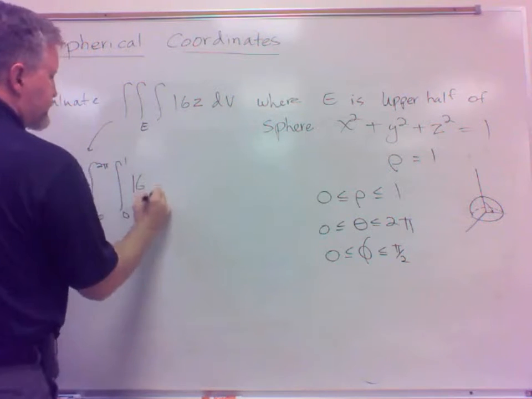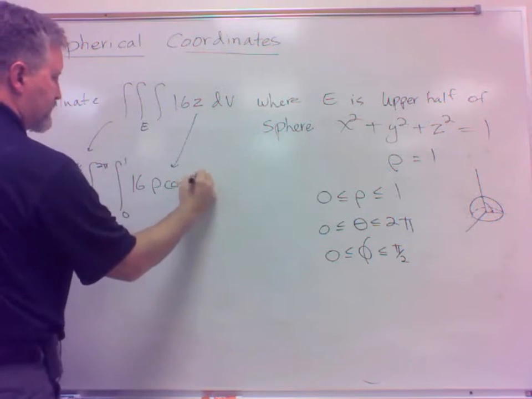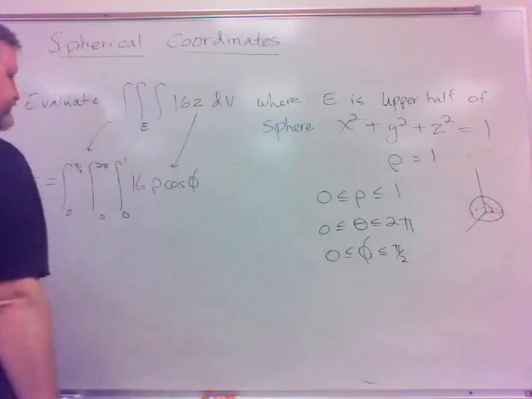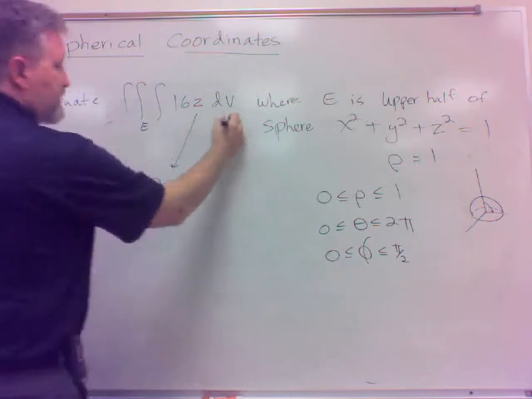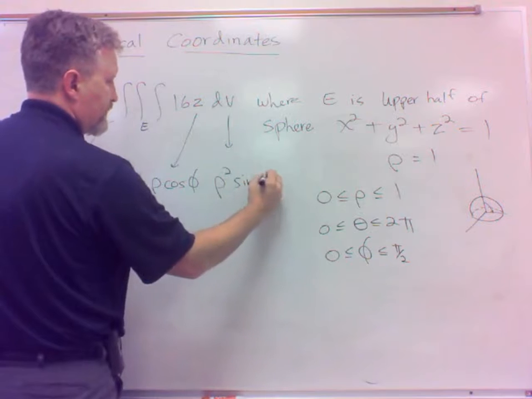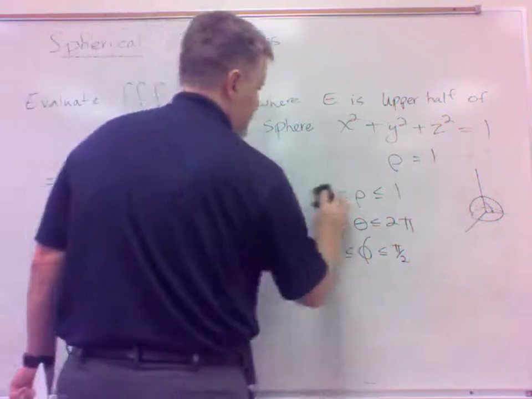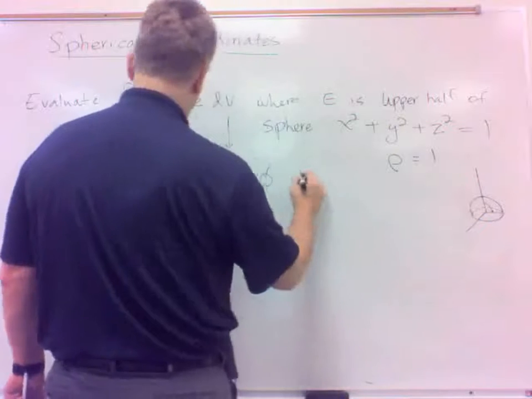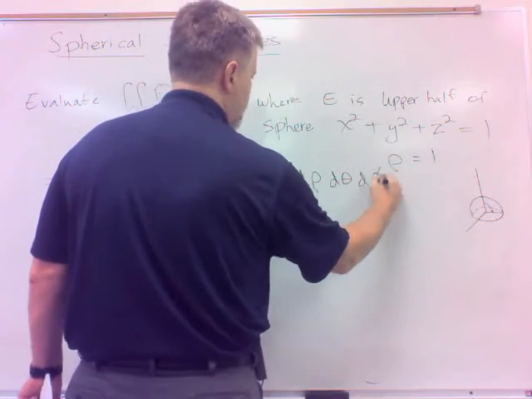Our function is 16z, and we know z is rho cosine phi. Then dV, the conversion is rho squared sine phi, so we have rho squared sine phi, and then it's d rho d theta d phi.